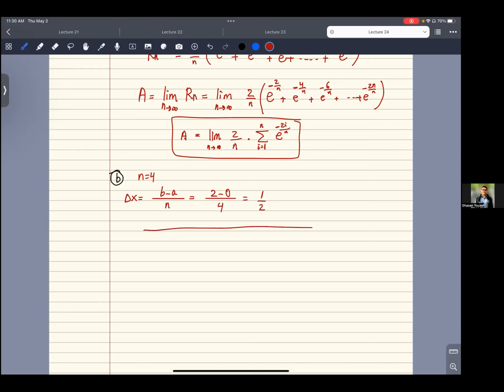Now I have the interval like this. This is the starting point, 0, and the end point is 2. I'm going to divide this interval into 4 subintervals. Here are the 4 subintervals.